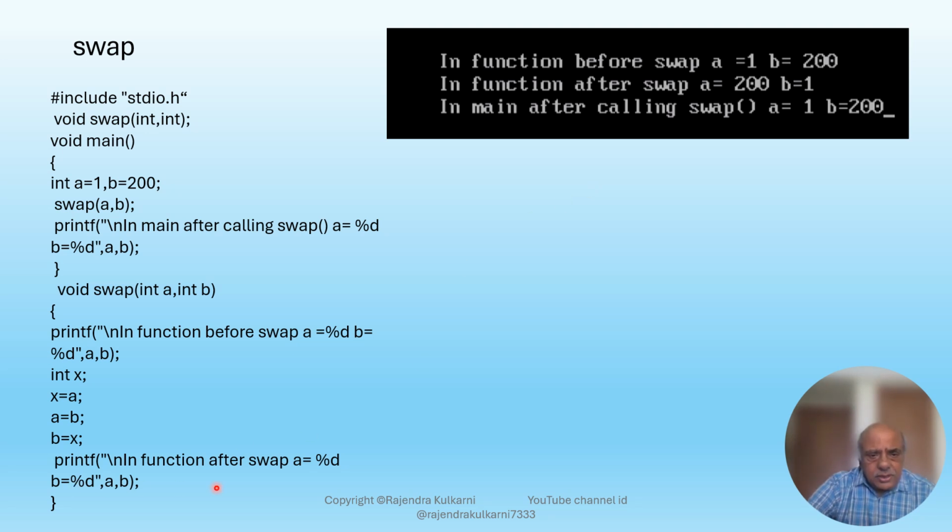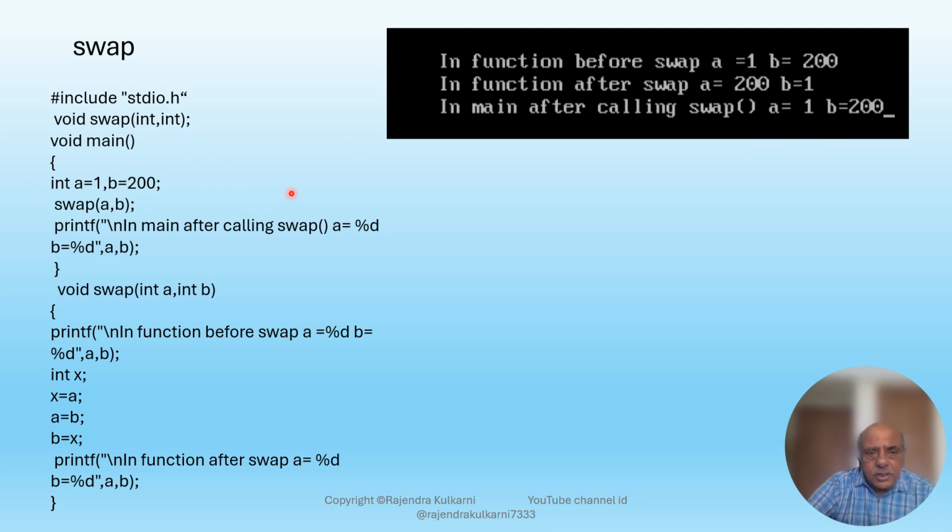In function, after the swap has taken place, a becomes 200 and b's value becomes 1. But when the program goes back and prints this printf statement after the function call, the value of a has remained 1 and b remained 200.